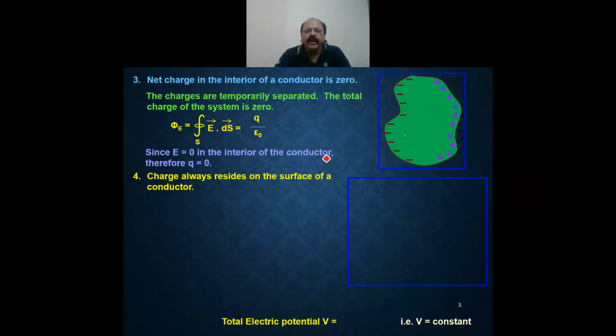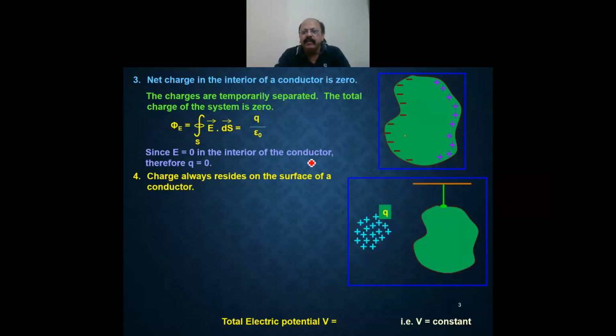Now the fourth property: charge always resides on the surface of a conductor. Obviously, if inside the conductor charge is 0, then the charge will reside only on the surface of the conductor.